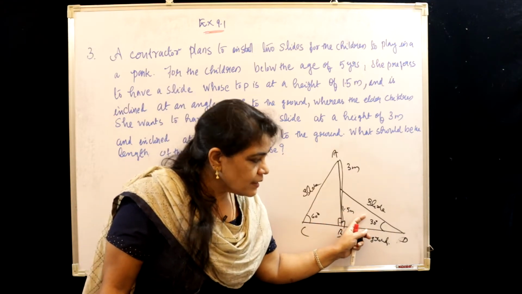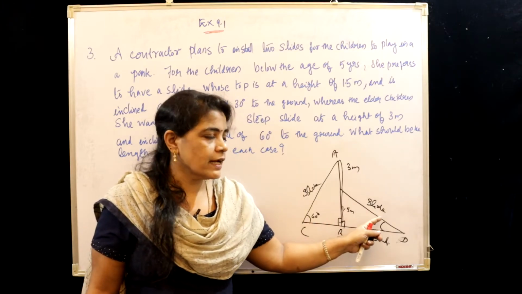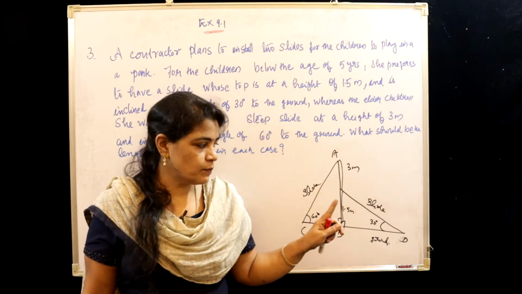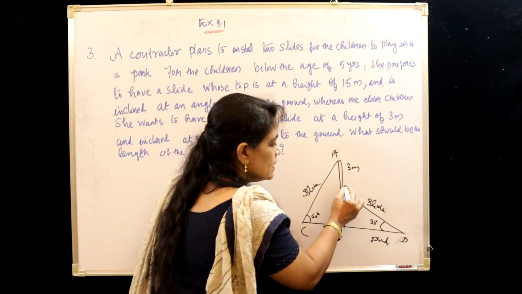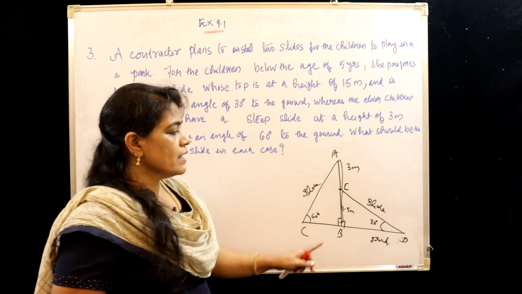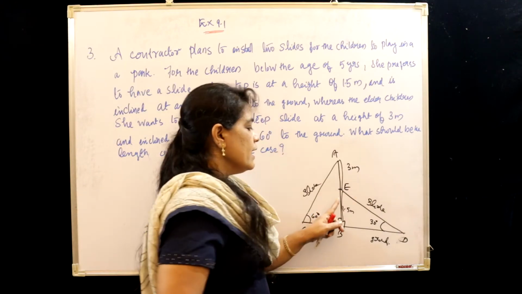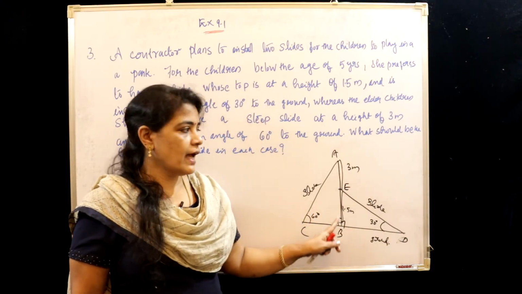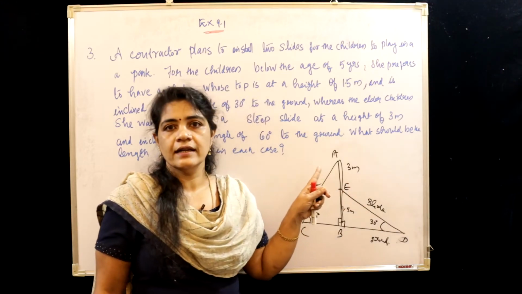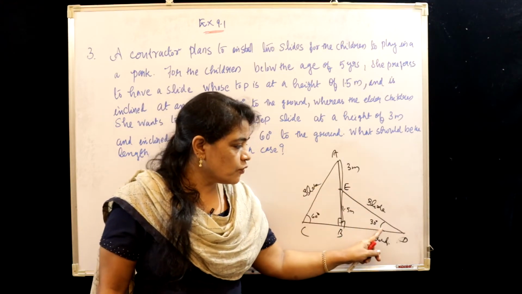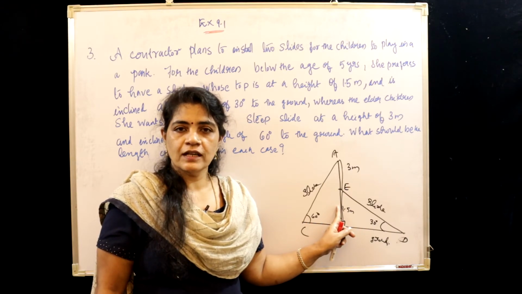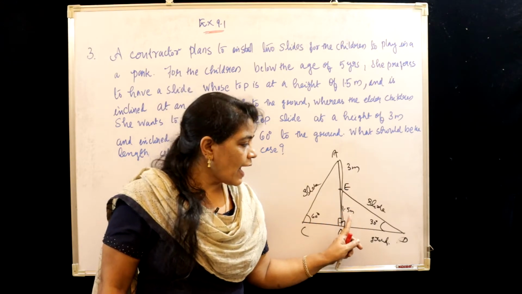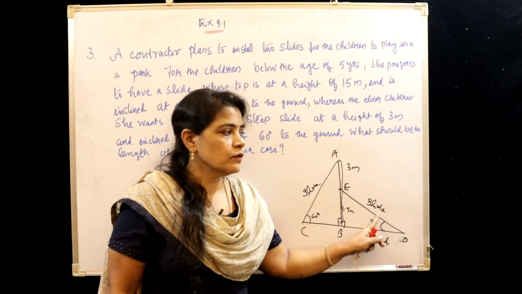And in order to get the length of the slide for the smaller ones, age below 5 years, this is the slide, and if you mark this point as E, you have to consider right triangle EDB, and ED is the length of the slide. Here the opposite side, that is the height 1.5, is given and this angle is given, we need this.